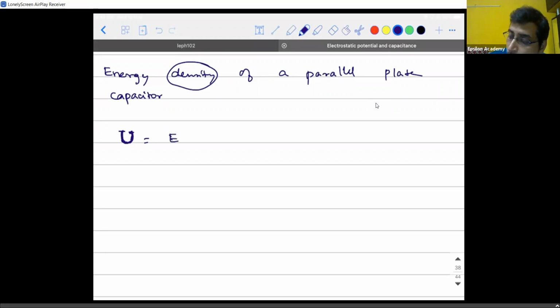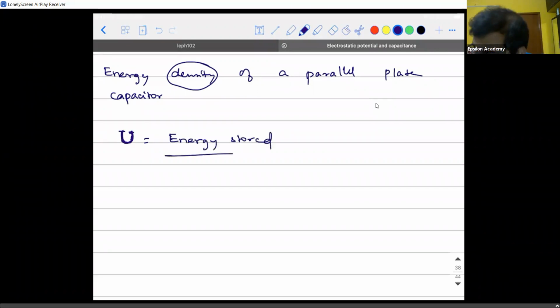It is the amount of energy stored per unit volume. The amount of energy stored across the ends of a capacitor divided by the total volume across which the capacitor is present is what we call energy density.